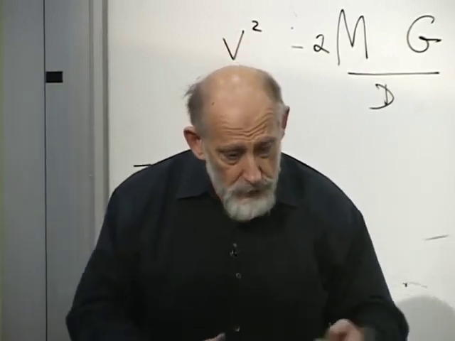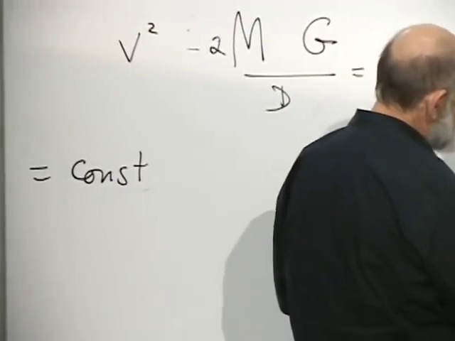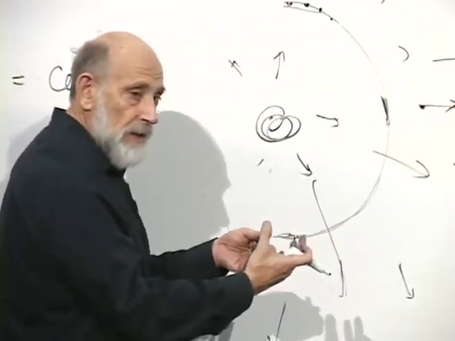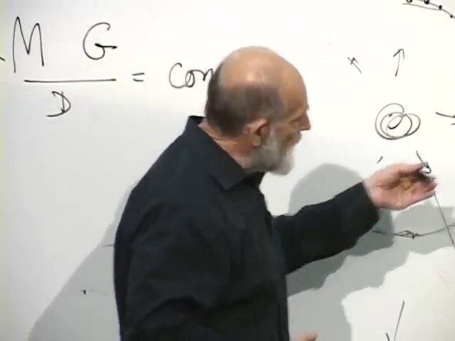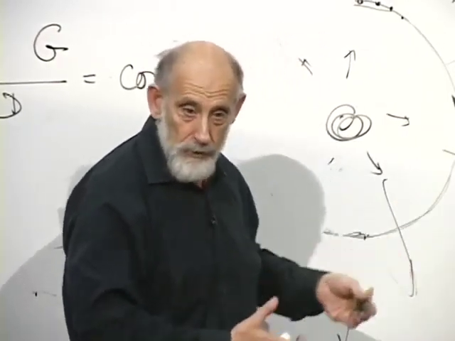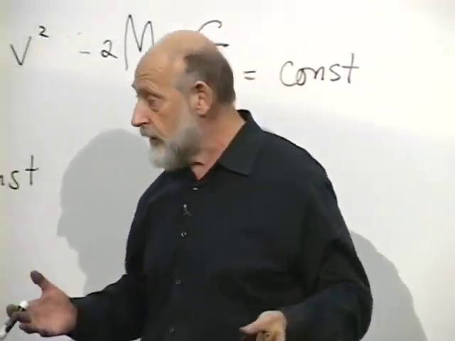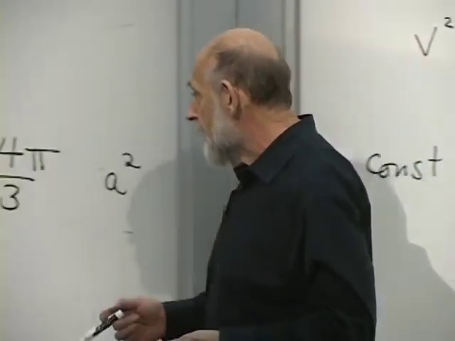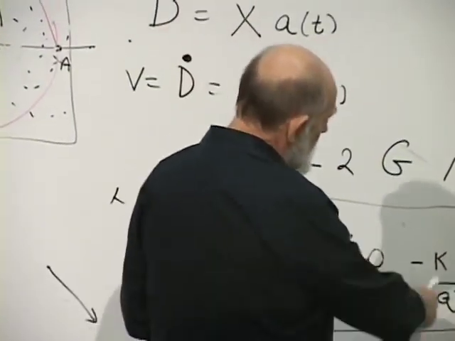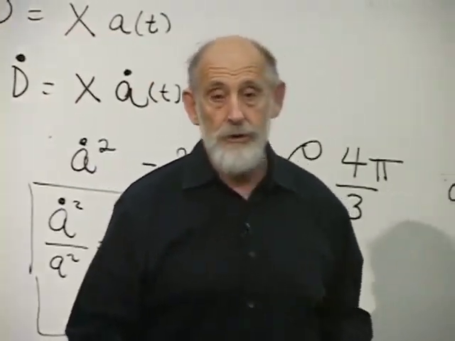There may be some initial deceleration for the same reason that if you shoot something away from the Earth, at first it will decelerate because it's being pulled, but as it gets further and further from the Earth, the pullback becomes more and more diminished, and it'll just shoot off with a more or less uniform velocity. Okay, so if minus k is positive, that corresponds to the positive energy situation.